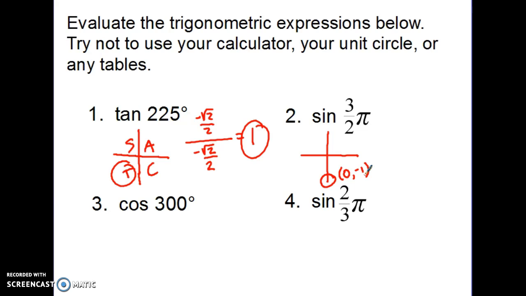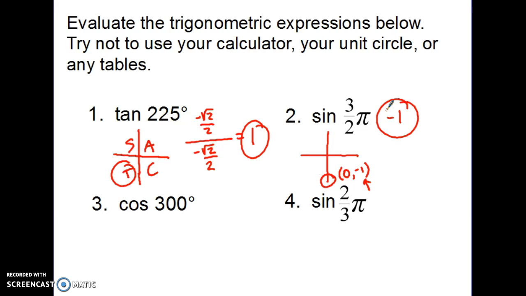What's the sine value there? What are you looking for? X, Y, or some combination of the two for sine? The Y value. So the Y value is -1, so the sine value for that angle is -1. And y'all do have to get it in your head. Cosine is X, sine is Y, tangent is Y over X.